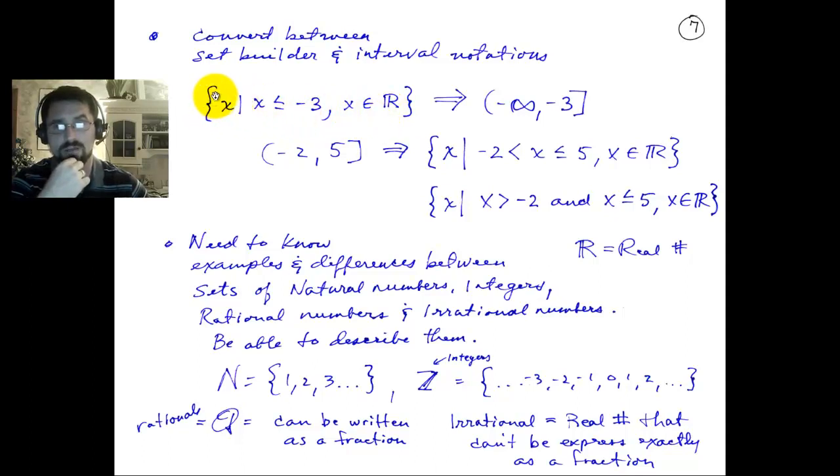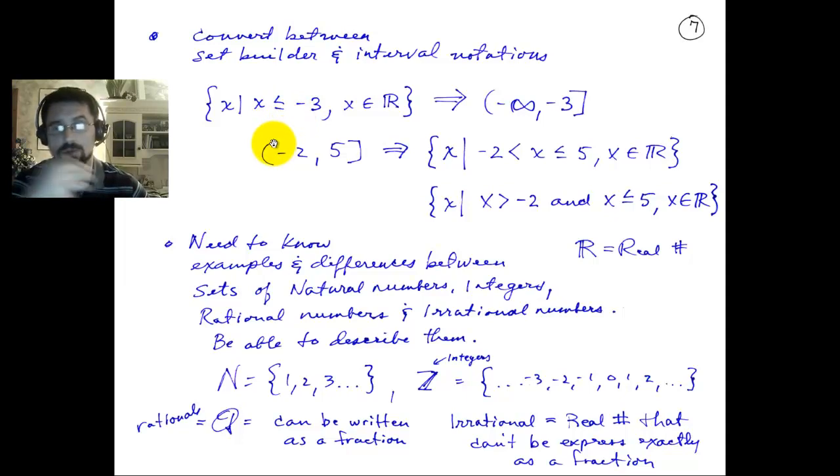This set builder notation could be converted to this interval. Since x is less than -3, we understand that it's anything less than -3. Well, that begins at -infinity. It goes to -3 and gets a bracket because it includes the endpoint, the boundary.